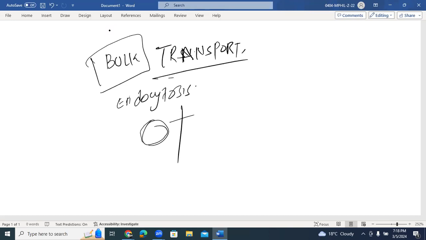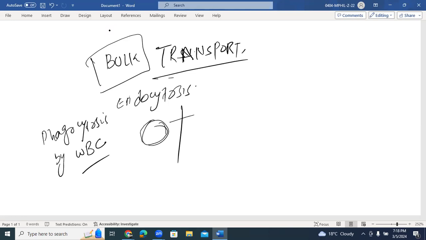Whether it is going out or getting in, it is always in the form of a vesicle. Endo means the engulfing of material by the cell membrane. We can give the example of phagocytosis by white blood cells.